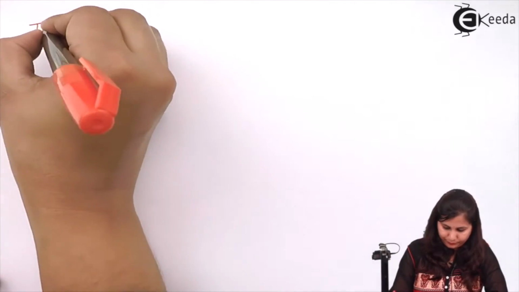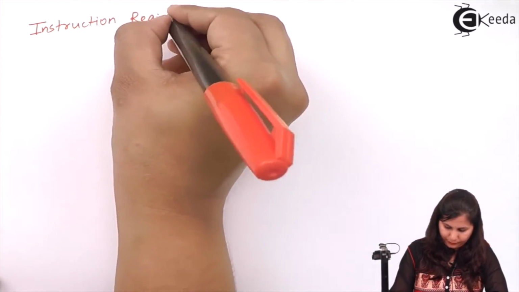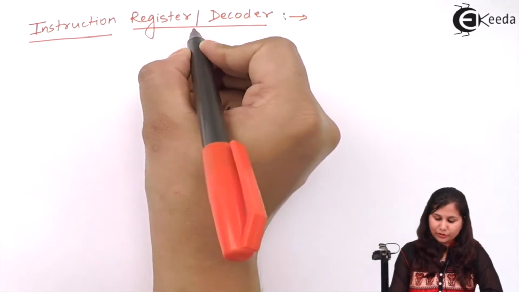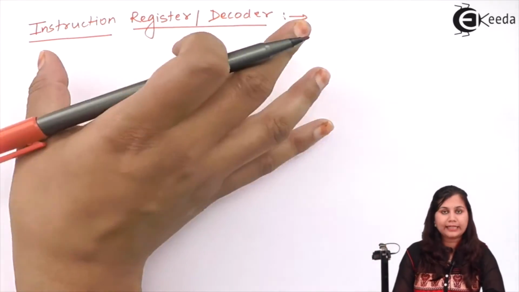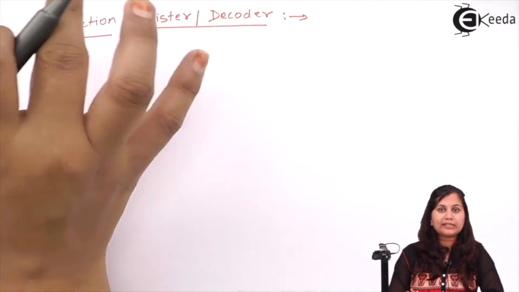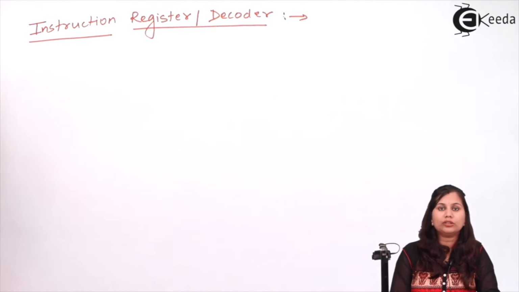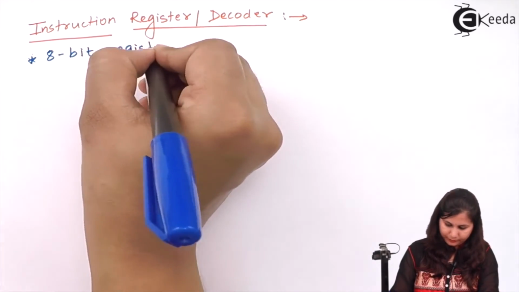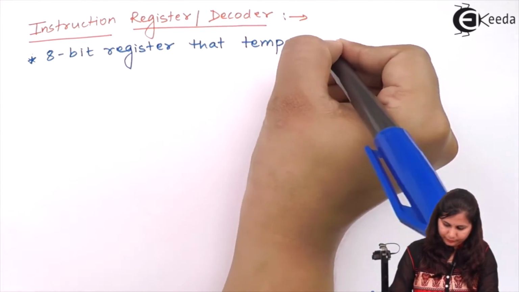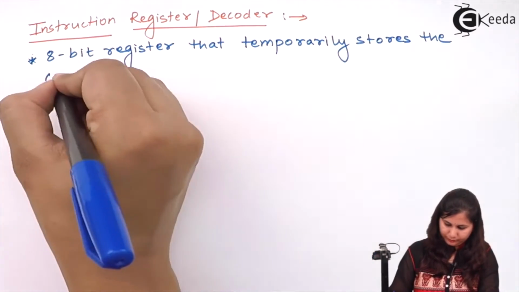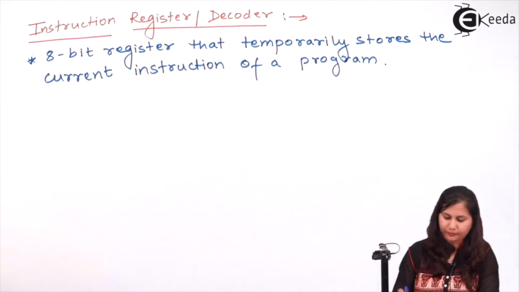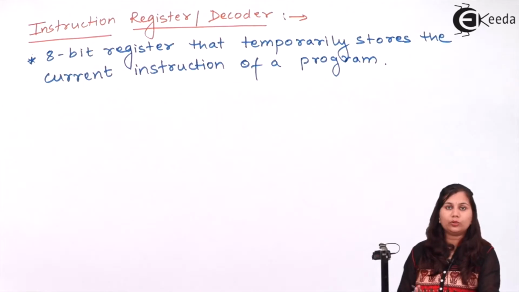Next we have the instruction decoder. This instruction register or instruction decoder is an 8-bit register and it is used to temporarily store the current instruction which is being executed by the microprocessor. And the decoder is going to decode the instruction.